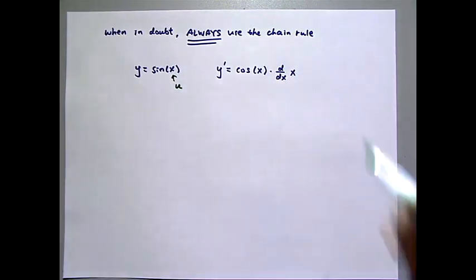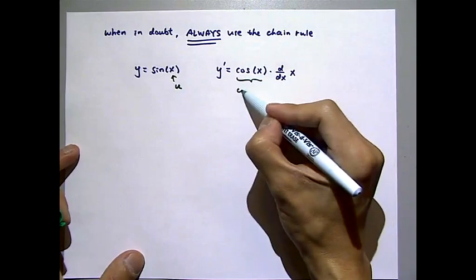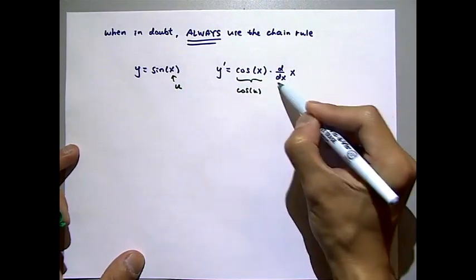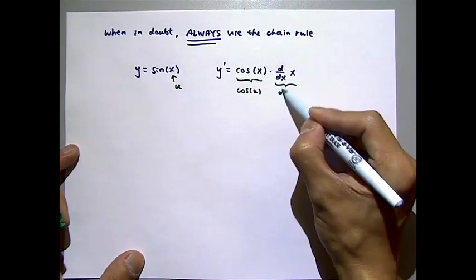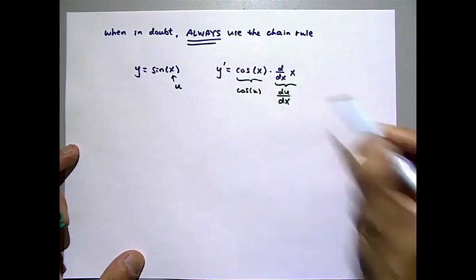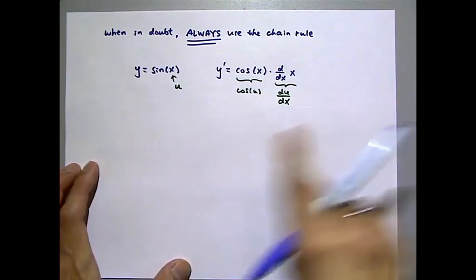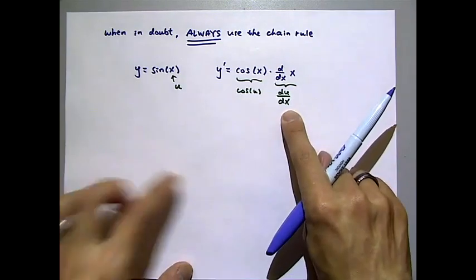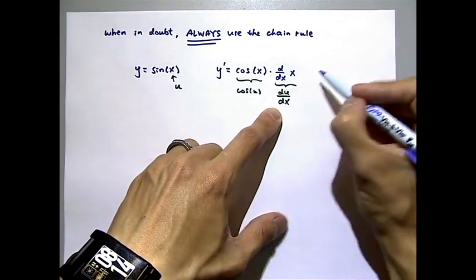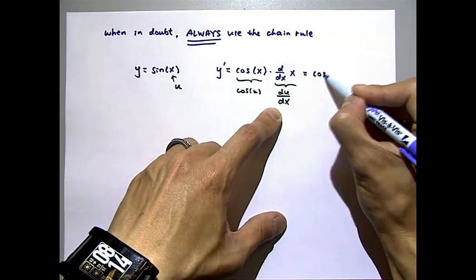So what we've got here is cosine of u, and that's du dx. Here I force myself to use the chain rule even though I clearly don't have to. And you can see, even when I use the chain rule, this is a 1 here. This doesn't do anything to change what I'm expecting to get.